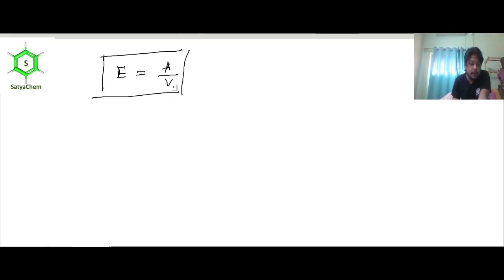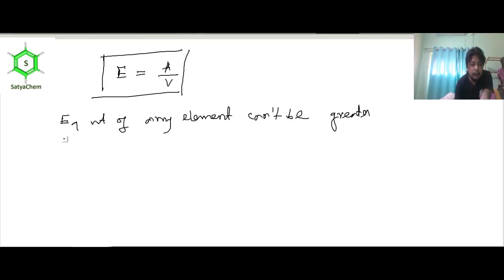From this equation we can say that the equivalent weight of any element can't be greater than its atomic weight, as equivalent weight is the atomic weight divided by its valency.